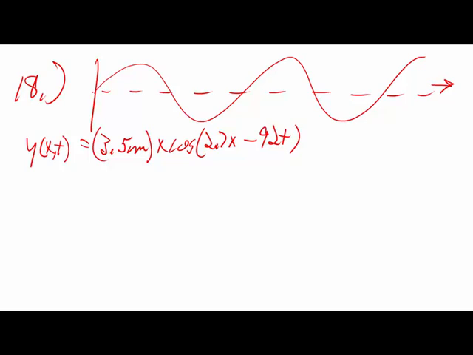So what do we do? Well, we have to go back to equation 15.7, which tells us that we can find the displacement of a wave by our wave equation, A cosine of 2 pi times x over lambda minus t over period.